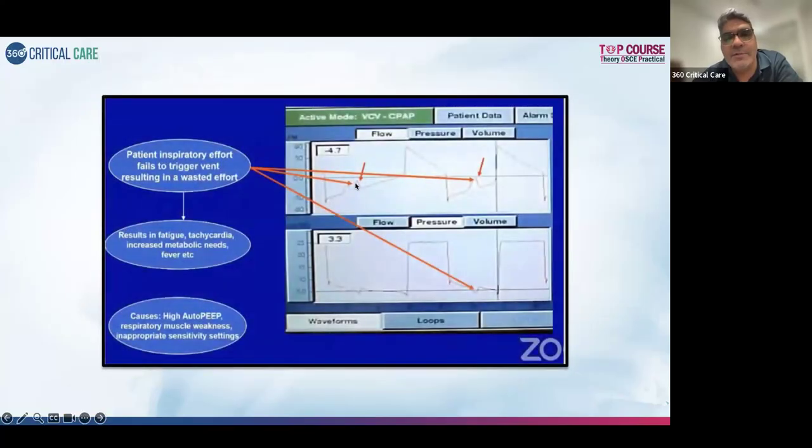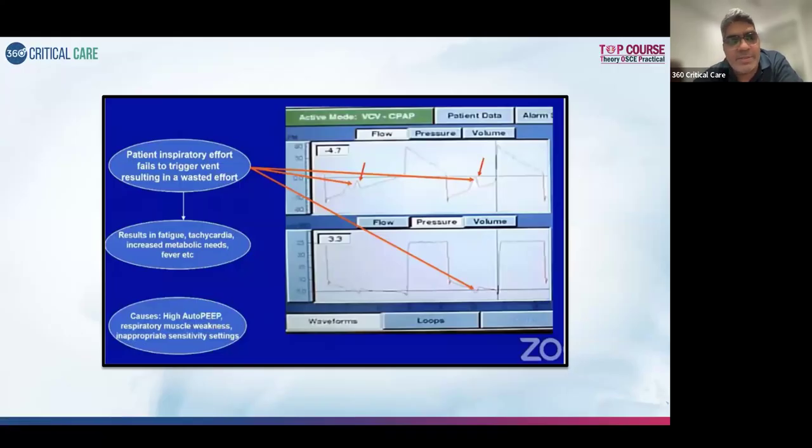Similarly, again, patient effort but no breath, patient effort, no breath. So what happens is the patient inspiratory effort fails to trigger the ventilator, resulting in a wasted effort that leads to increasing fatigue, tachycardia, increased metabolic needs, fevers, etc. It is worse if there is associated auto peep.